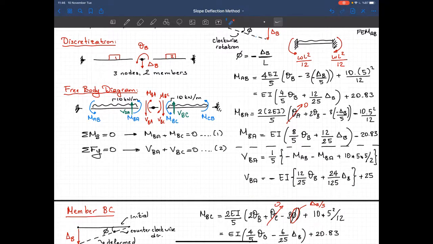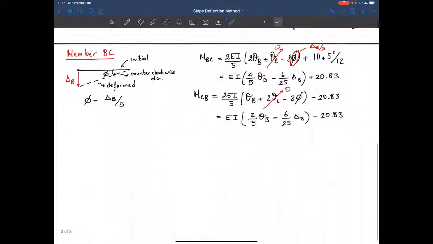Now, in order to calculate V_BC, again, I will use the following free body diagram, and in that case, V_BC times 5 minus M_BC minus M_CB minus the moment due to the 10 kilonewton per meter load should be equal to 0, which should give me what V_BC is. So let's do that.